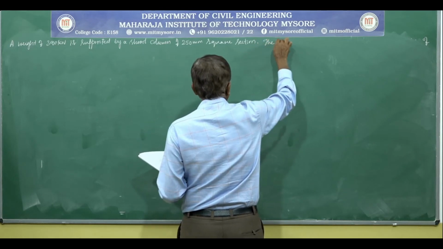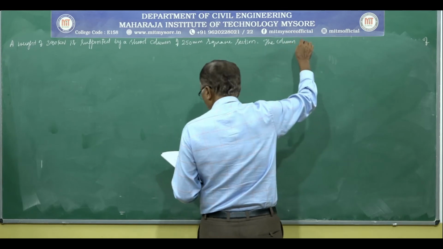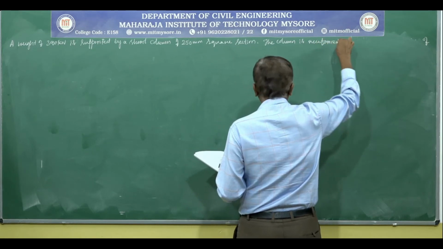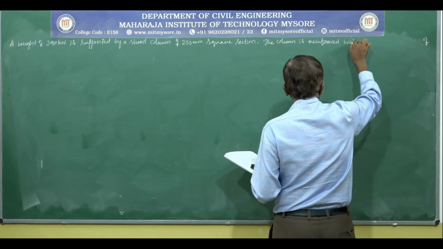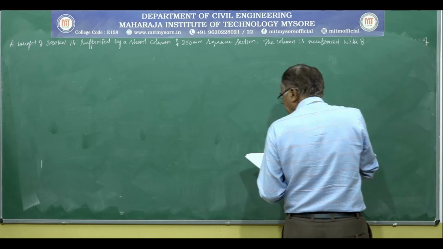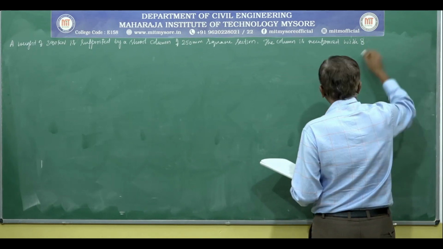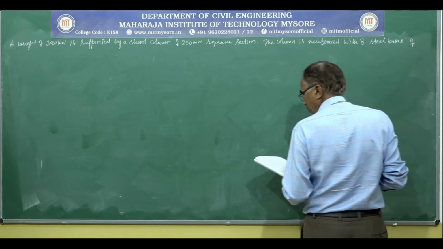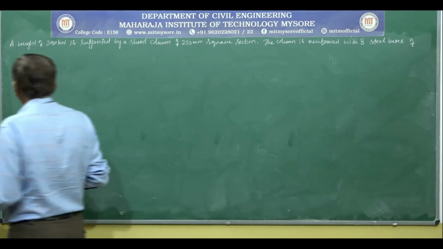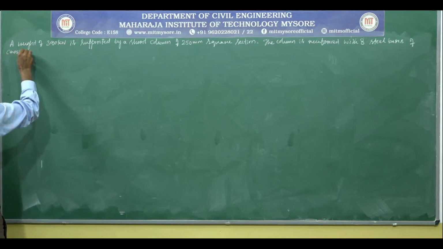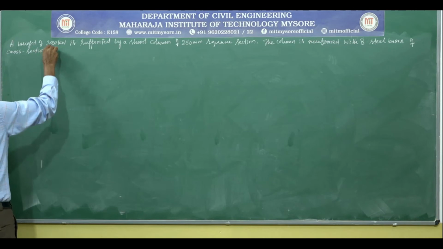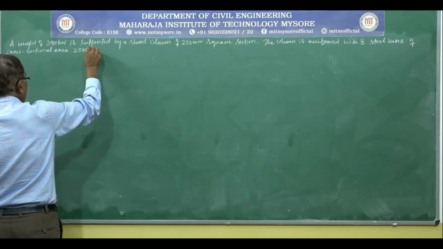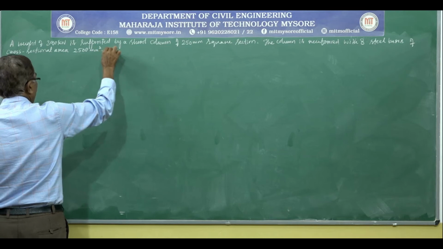The column is reinforced with 8 steel bars of cross sectional area 2,500 millimeter square.